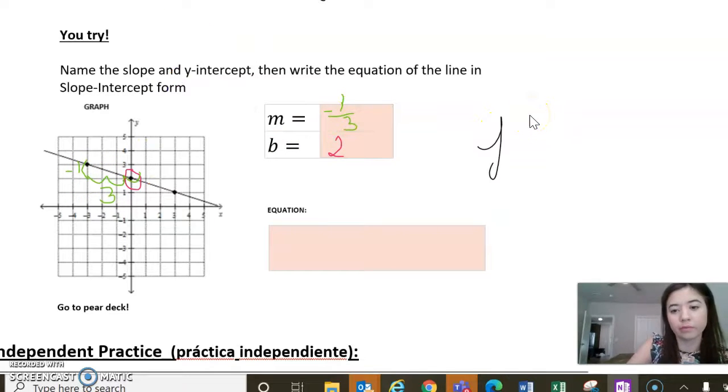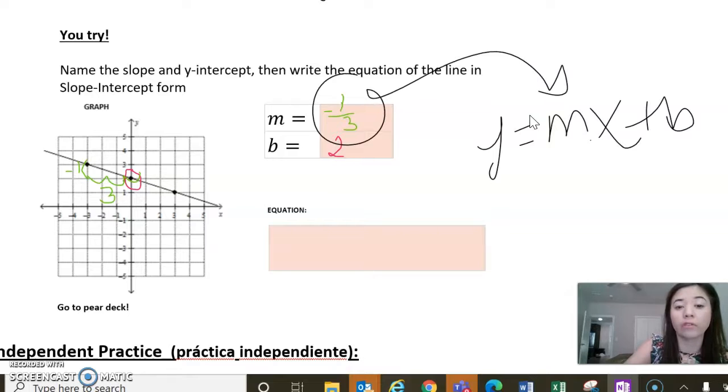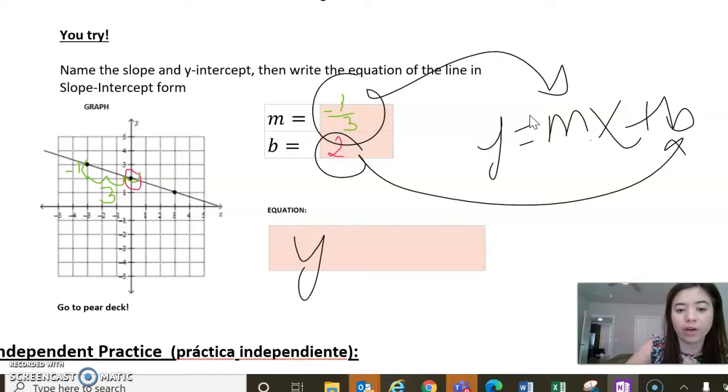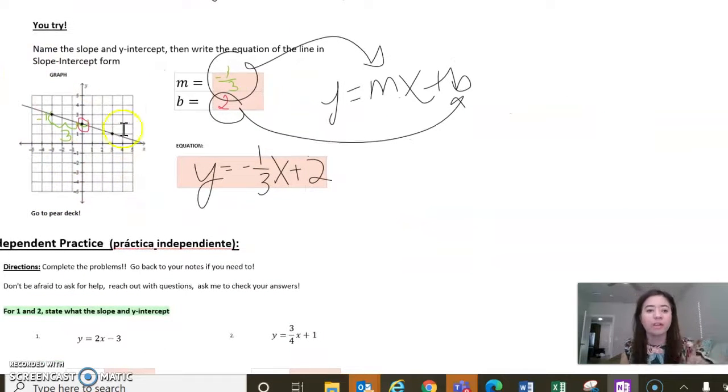So again, there's my equation. Plug in the 1 over -3 where m is, the 2 where b is. So we have y equals -1/3 x plus 2. Awesome. All right, check your work, make sure you got it right. If you didn't, see what you did wrong, see if you can fix it, and try it again.